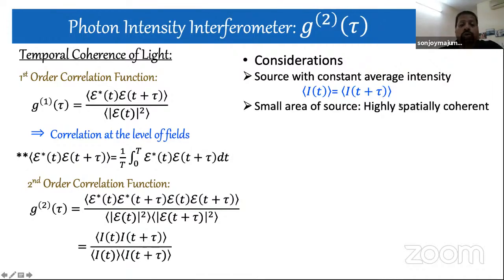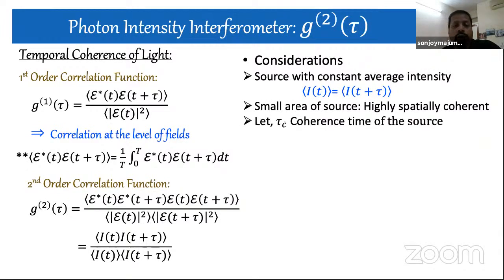And also, since we are looking for the temporal correlation, our spatial coherence should be very, very good. That means we should choose some small area so that we can believe that over that small area, our light has very good spatial coherence.